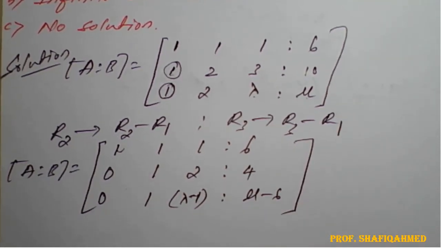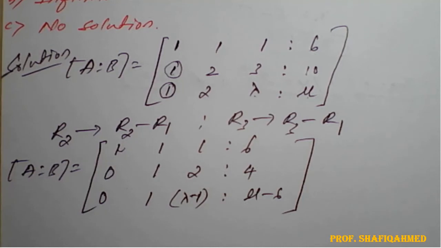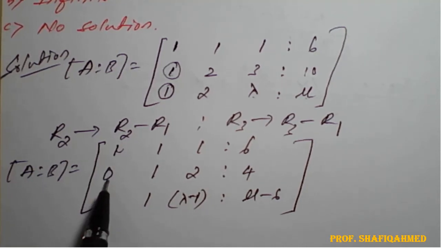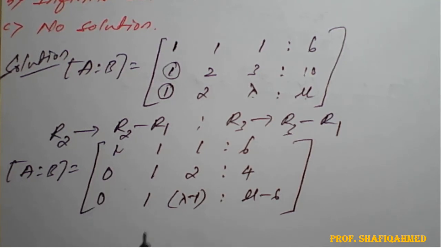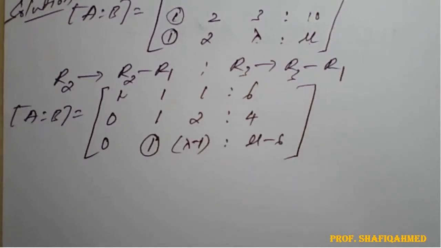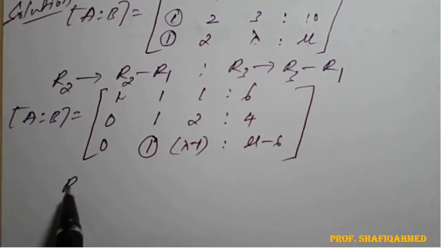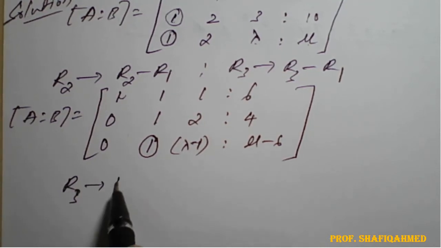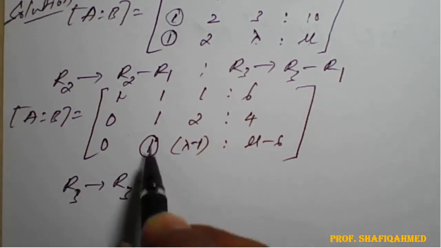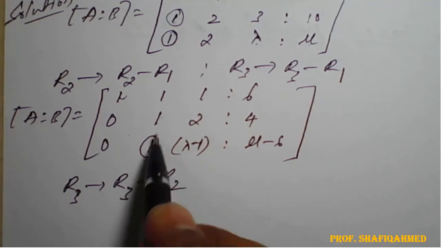So we have made the first element of the second and third rows 0. Next, we need to make this element 0, so we operate R3 minus R2, because 1 minus 1 is 0.